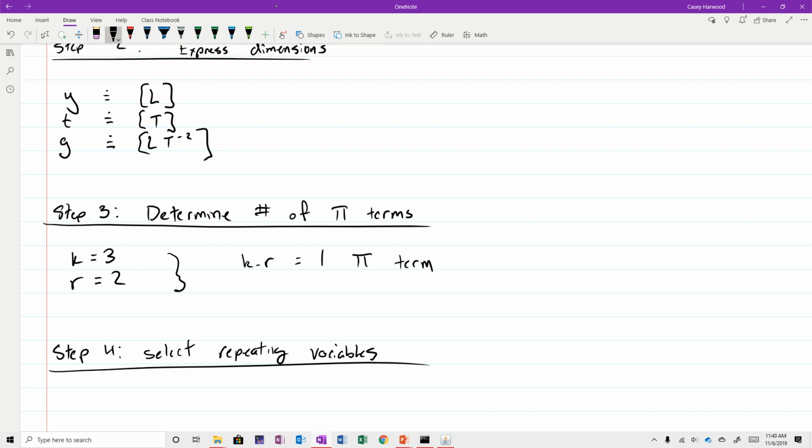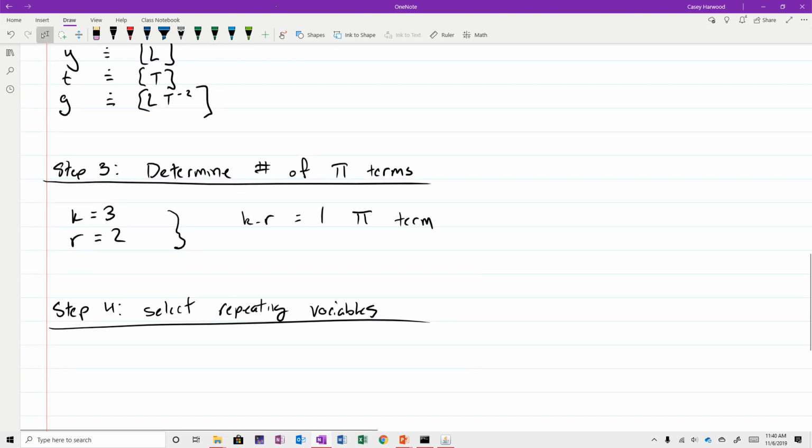I suggested before that we pick the simplest ones, which would be y and t. Oh, sorry, no. We're not going to pick y and t. We're going to pick g and t, because generally you don't want your dependent variable to be one of your repeating variables. Whatever's on the left-hand side, you want to leave alone. So g and t are selected as repeating variables.